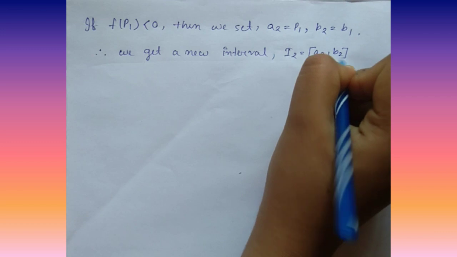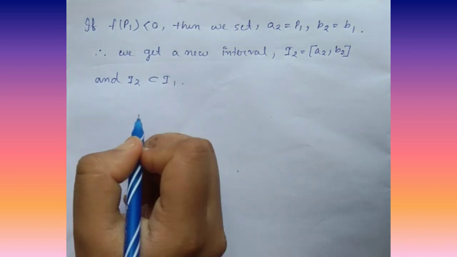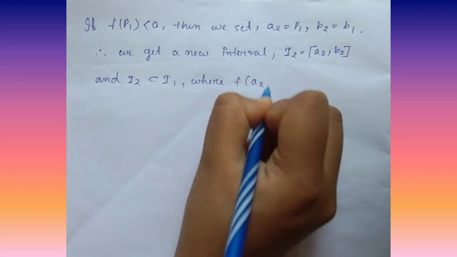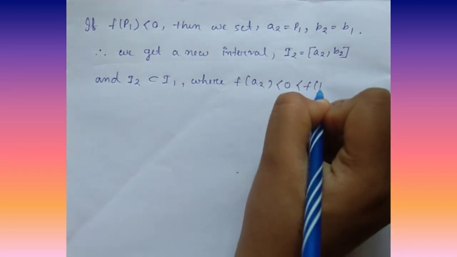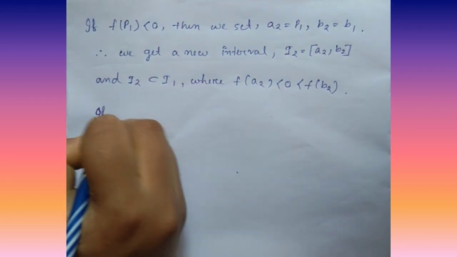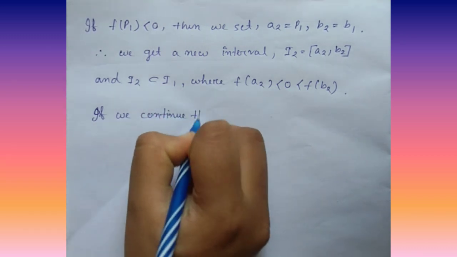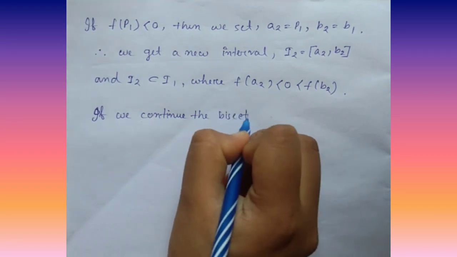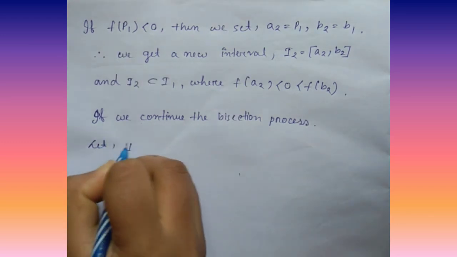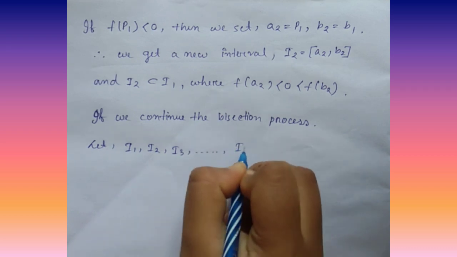That is, we get a new interval I2 where I2 is a subset of I1 and f of a2 less than 0 and f of b2 is greater than 0. If we continue this bisection process, then we get intervals like I1, I2, I3 and Ik.